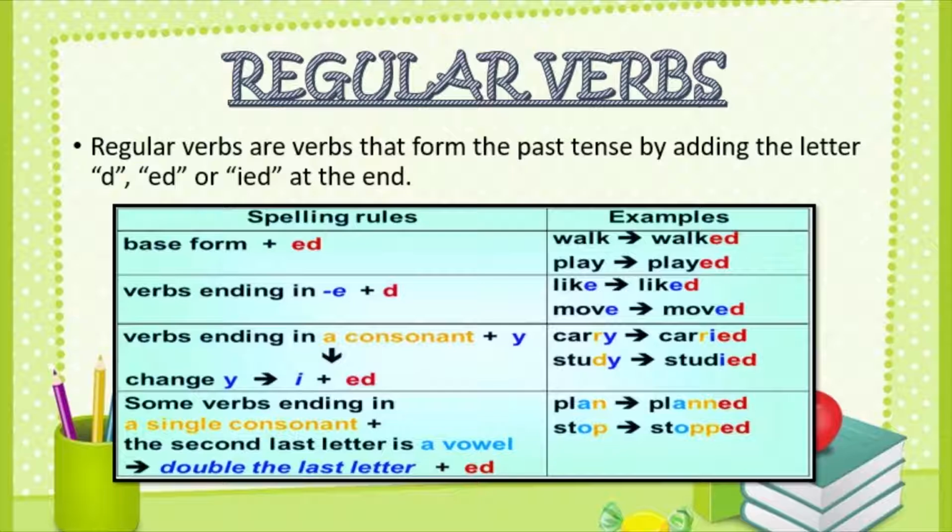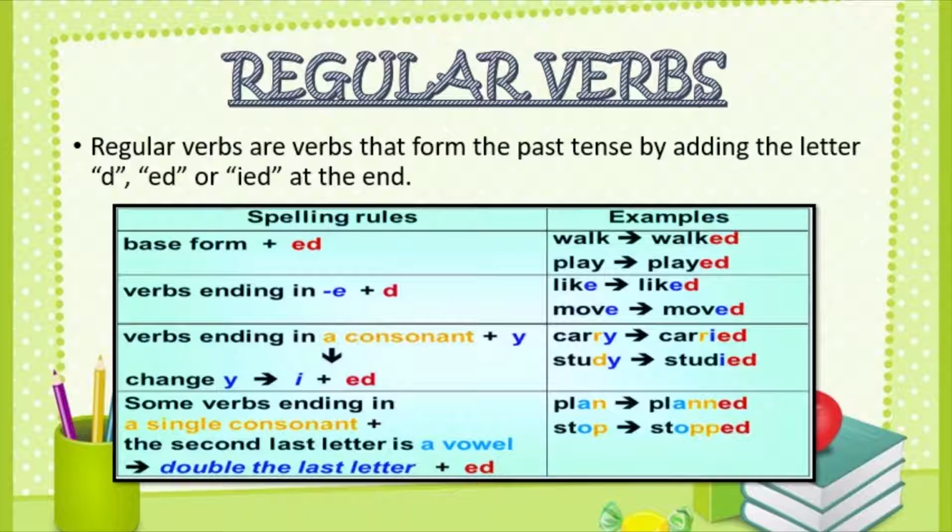Okay? And the third, verbs ending in a consonant plus y, you have to change the y into I and then you add ed. For example, carry. The letter at the back is y, but before y there is r. R is a consonant, so you have to erase the y, change it with the I, and then add ed.